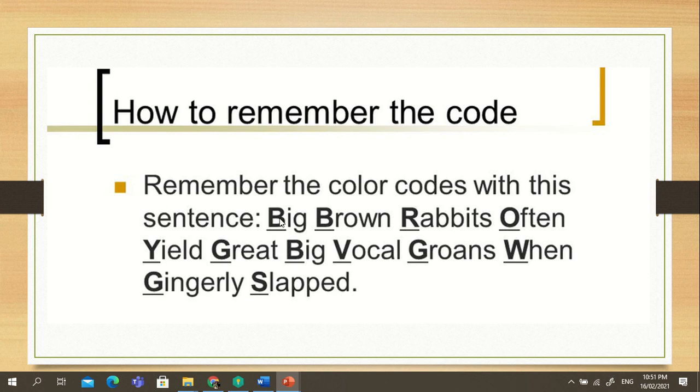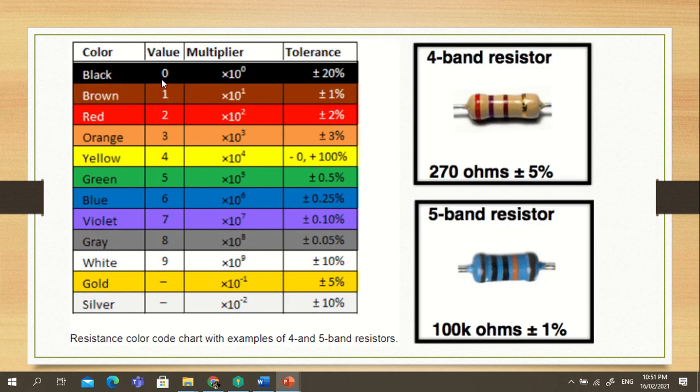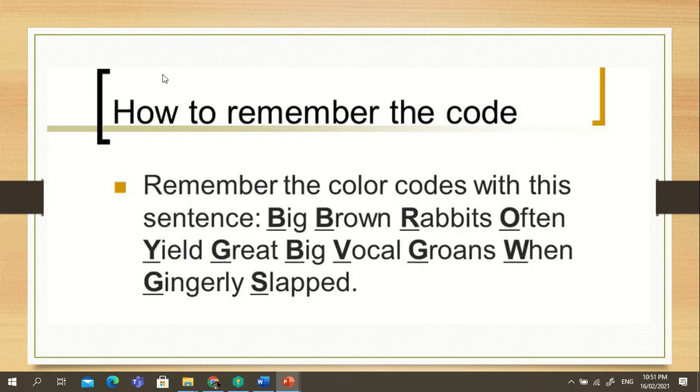So B here stands for black, which is 0. B here is for brown. Then rabbit for red, often for orange. Yield, Y for yellow. Great is for green. Big is blue, vocal is violet, groans is gray.